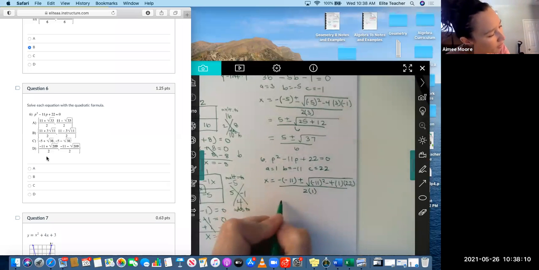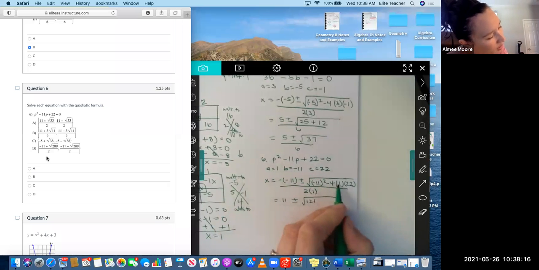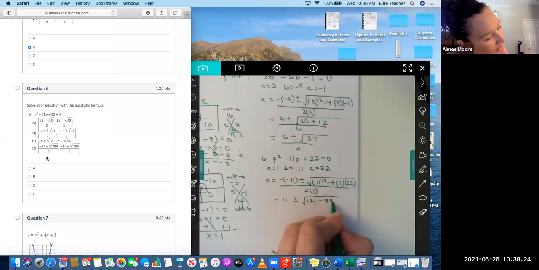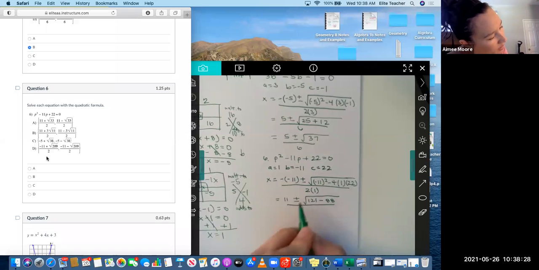And so we have 11 plus or minus the square root of 121 minus 4 times 1, which is 4, times 22, which is 88. Divided by 2.